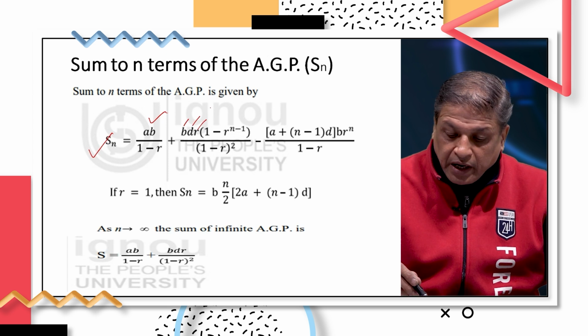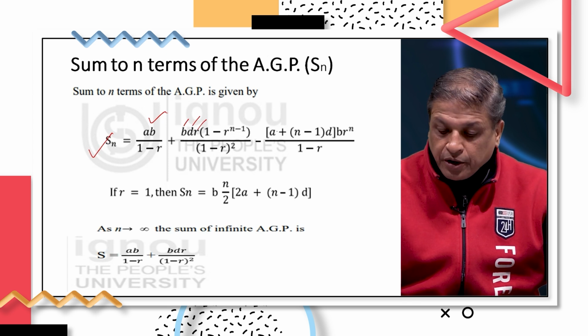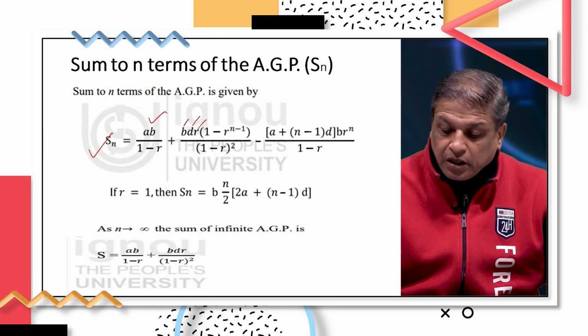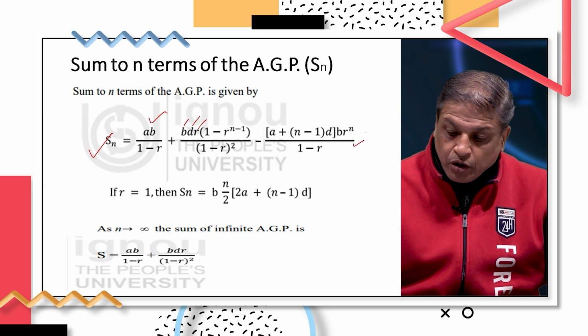BDR into 1 minus R to the power n minus 1 upon 1 minus R square, minus A plus n minus 1 into D into BR to the power n upon 1 minus R.